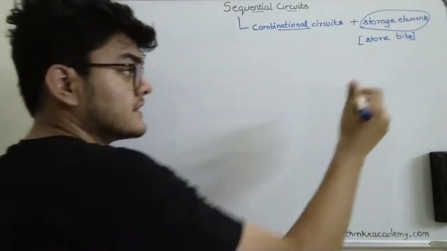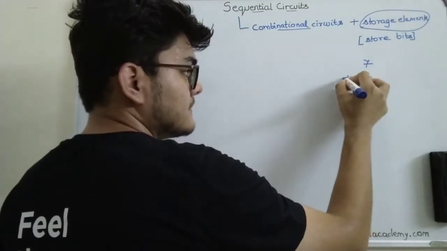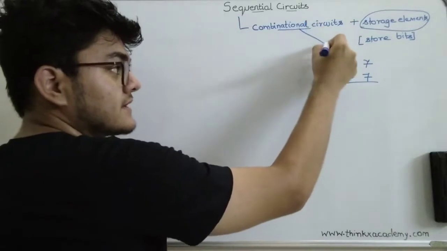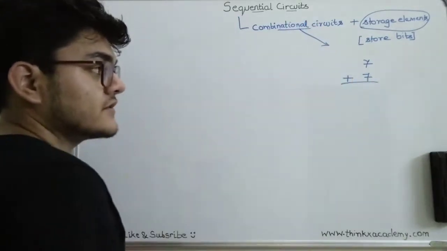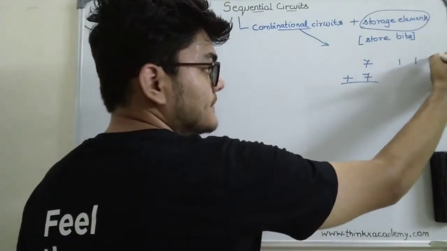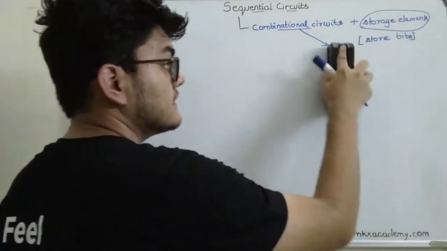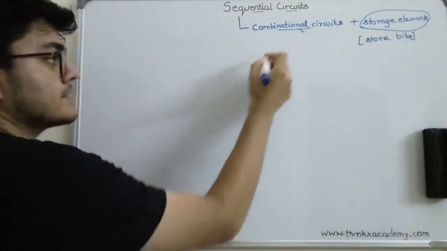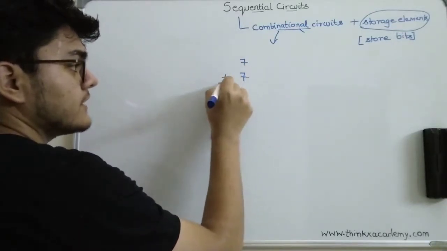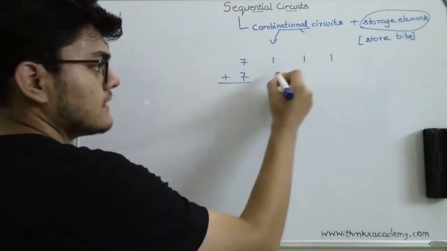So let's take this operation, which is 7 plus 7. We have discussed how we can use combinational circuits to actually perform this operation. First, we are going to convert them into binary numbers, which is 111 and 111.